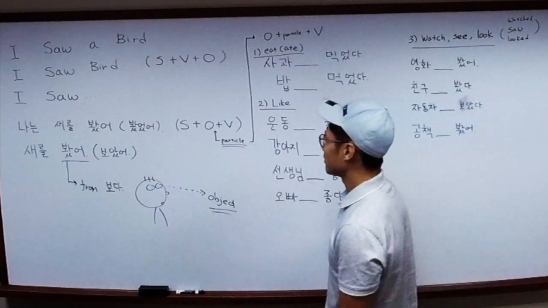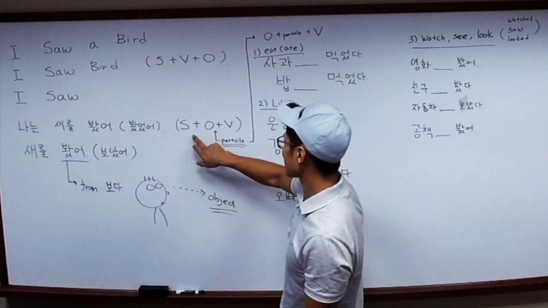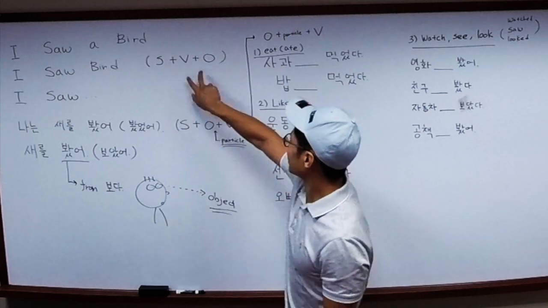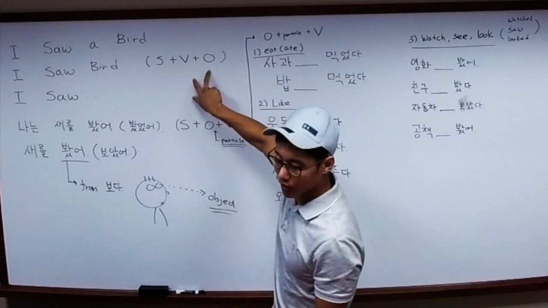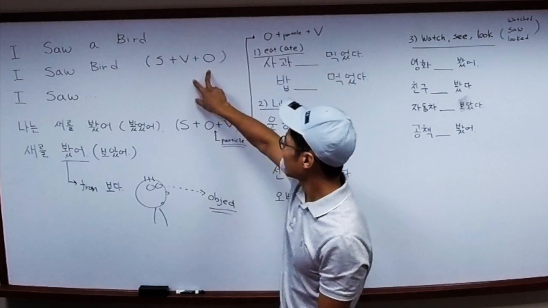Okay. But I want to point out that although we have subject, object and verb, the verb and object order is quite a bit different if you compare the English one and the Korean one.